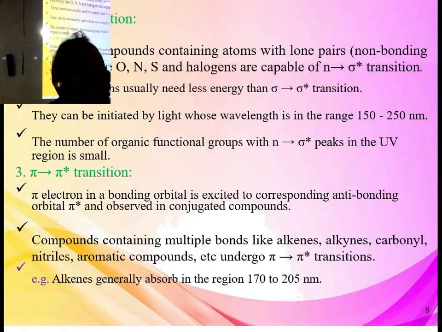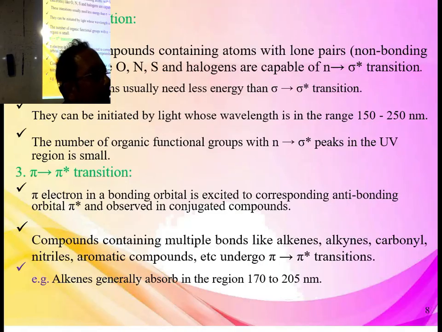So if from the center you draw a line, upper and lower, upper you are getting plus and lower you are getting minus. In that case it is not symmetric because it is not the same phase, opposite phase. So the p orbital is not symmetric.